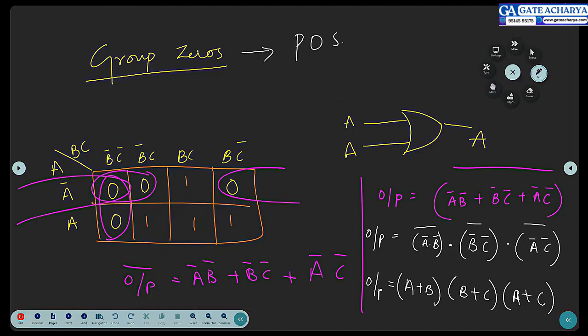When you group zeros, you say output bar equal to the same way. Take the bar inside, De Morgan's, follow the rules.